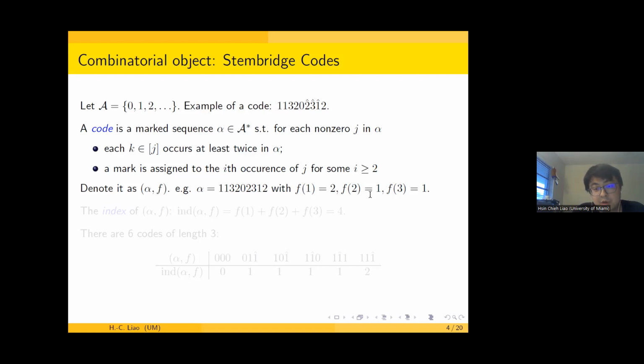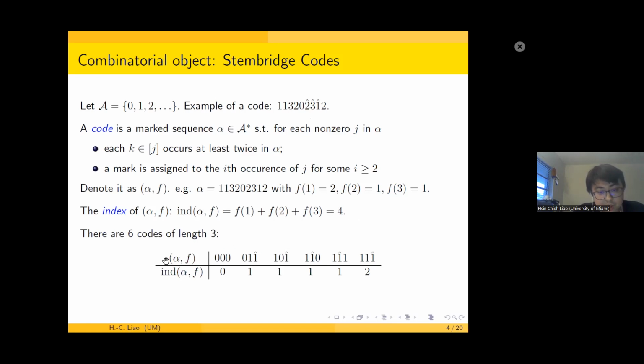And f2 equals 1 because, looking at the marked 2, there is only one 2 in front of this mark. And f3 is so on. Then we can define the index of the code, which is the sum of f1, f2, and f3. In this example, the index is 2 plus 1 plus 1, so it's 4.